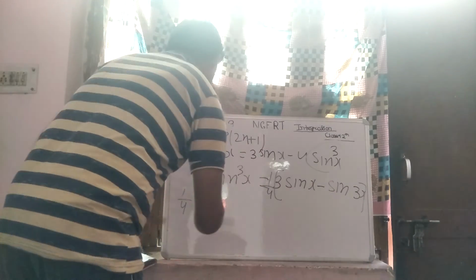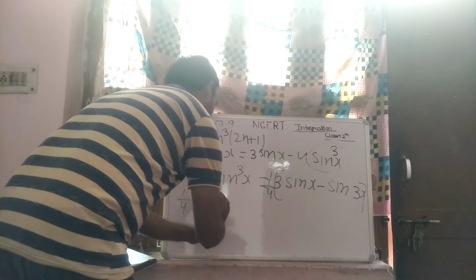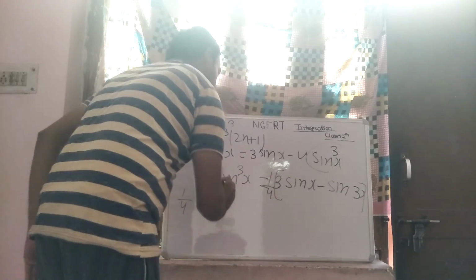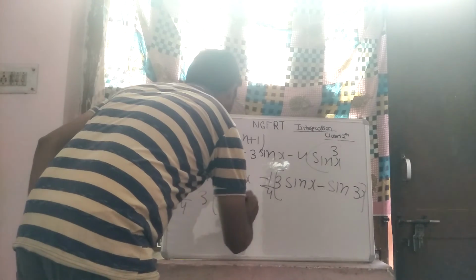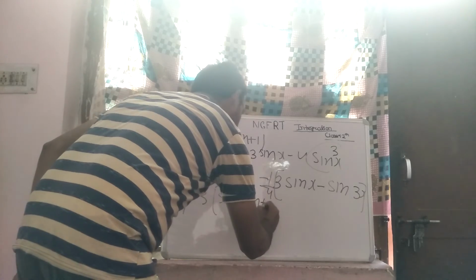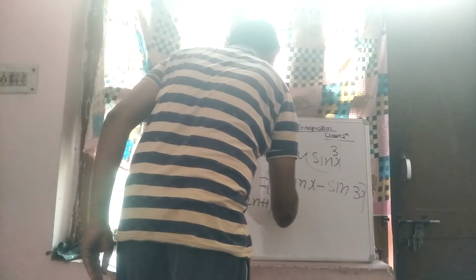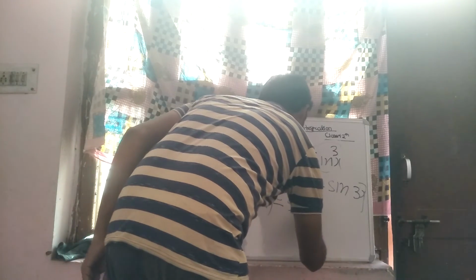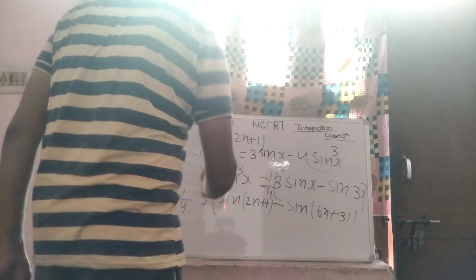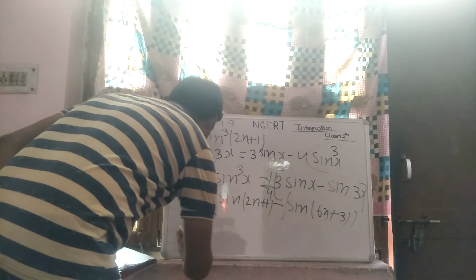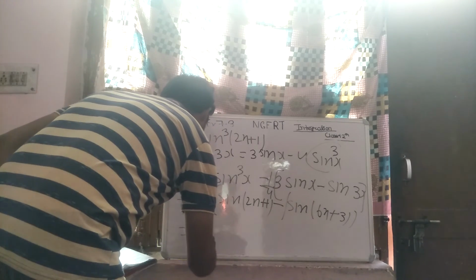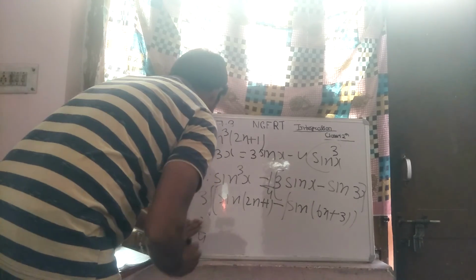We have to write here: 3, then the second term is sin (2x plus 1), minus sin 6x, plus 3. We have two terms of integration, and we integrate. So this is 3 upon 4, 1 upon 4.